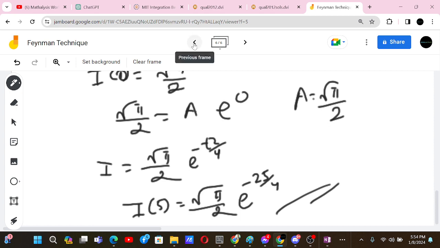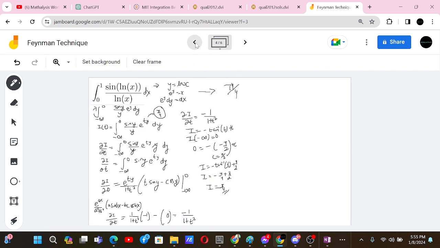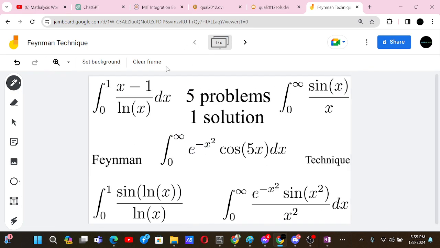Now we have solved all of these problems, and we are at the end of this video. Its solution was ln 2, this was pi by 2, this was pi by 4, this was root pi root 2, and then what was there?